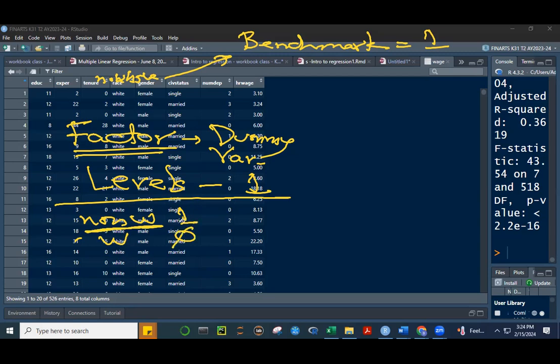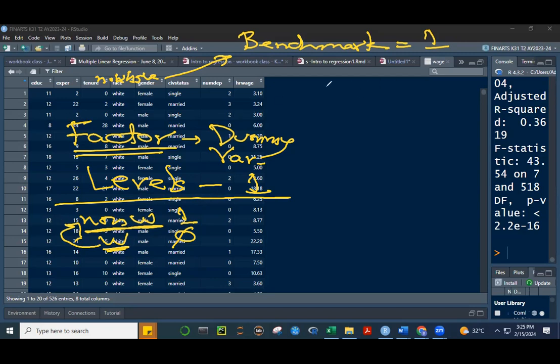Non-white now becomes your reference variable. So what does that mean, class? It means that in the regression output, you're going to read white with reference to non-white. We are benchmarked to non-white.